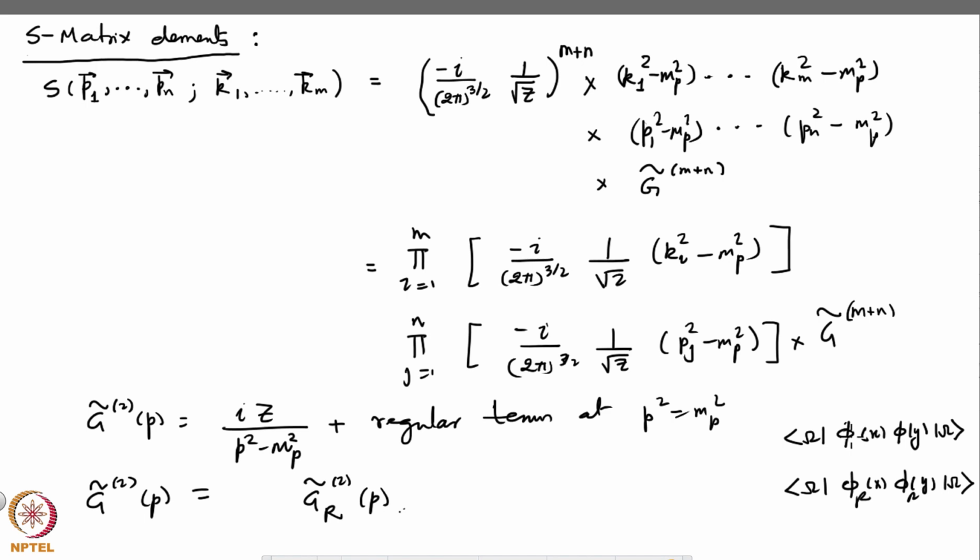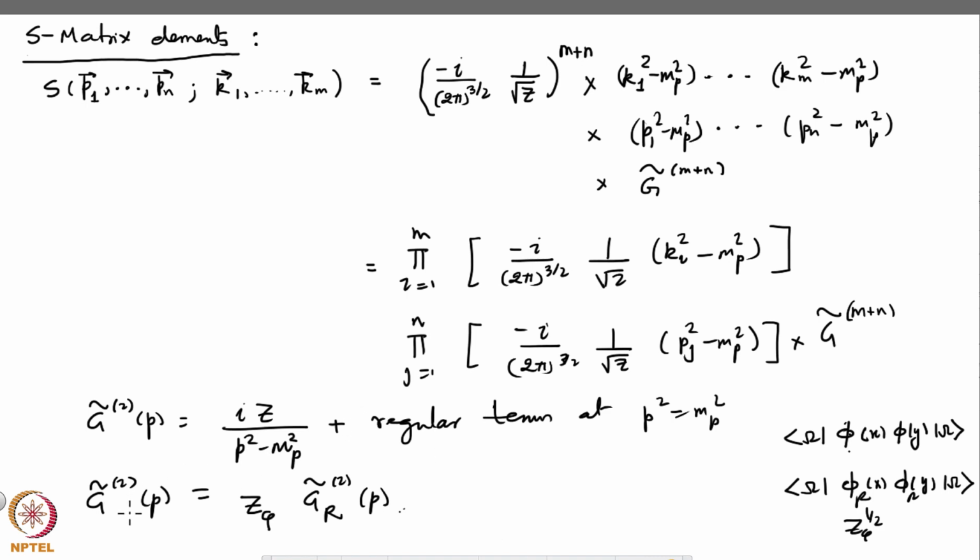Because phi is Z phi to the half times phi renormalized, you get a factor of Z phi here. So that is how the 2-point function defined with bare fields is related to the 2-point function defined with the renormalized fields. R is the subscript I use to indicate renormalized fields. So that's the relation.